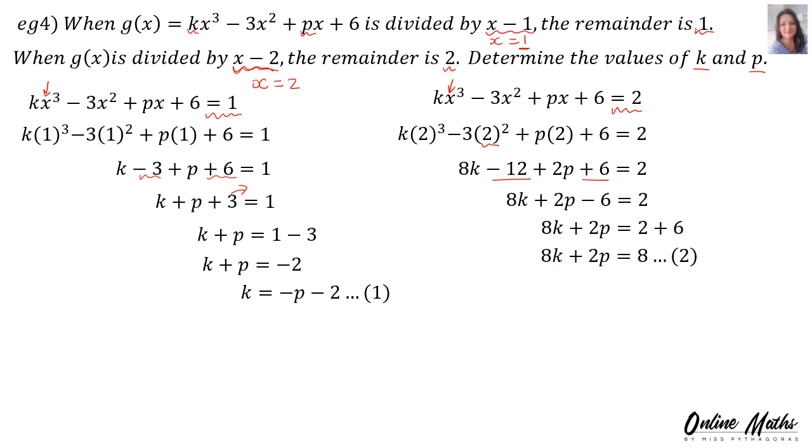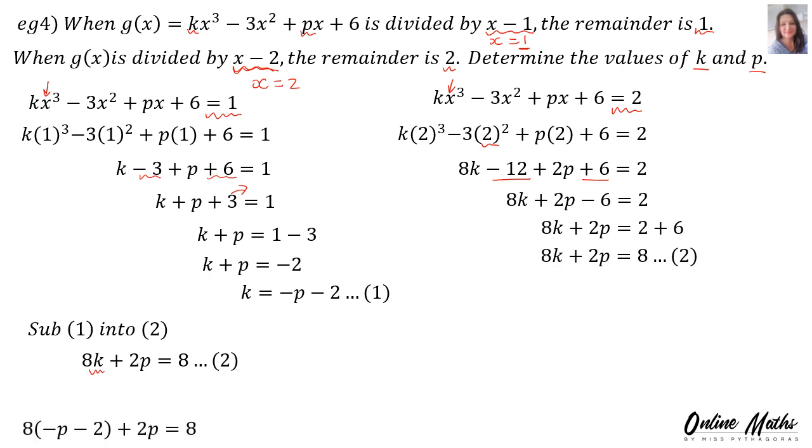Now it's your knowledge of simultaneous equations that you're going to use here, where you will say substitute number 1 into number 2. There's number 2. Everywhere where you see k, you will substitute minus p minus 2. Well, there's only one k, so you will do it once. Therefore, 8 will multiply in, and you end with negative 8p minus 16 plus 2p is equal to 8.